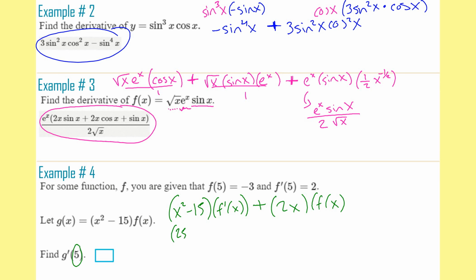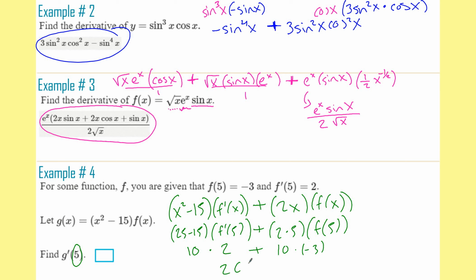So we get 25 minus 15 times f prime of 5, then 2 times 5 times f of 5. So we get 10 times f prime, which is 2, plus 10 times negative 3, 20 minus 30, we should get negative 10. Hopefully I'm right. There we go. Perfect.